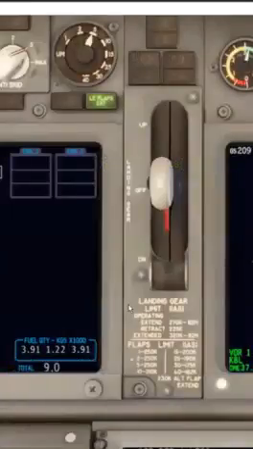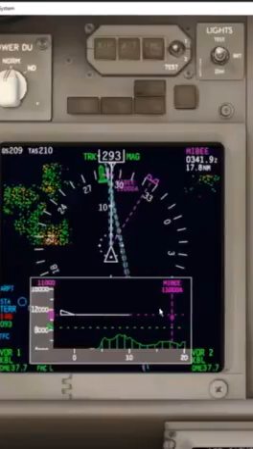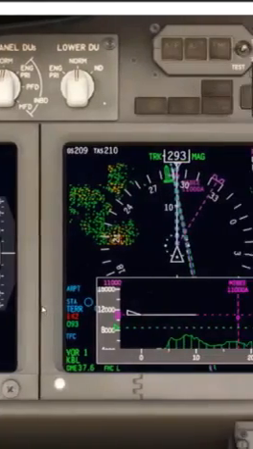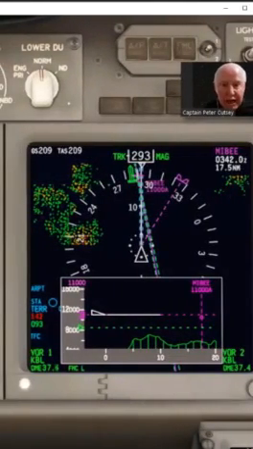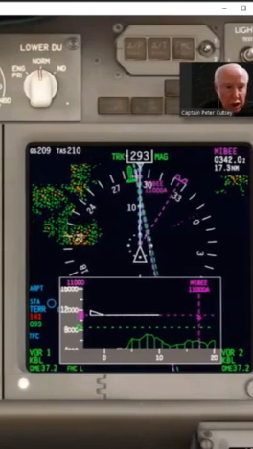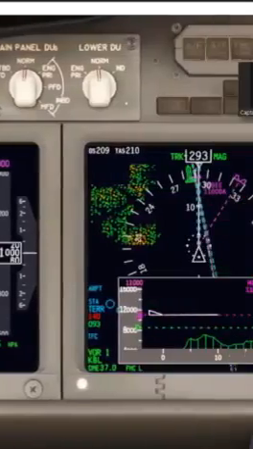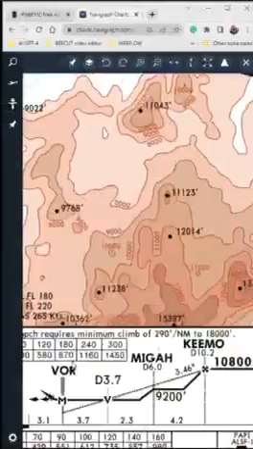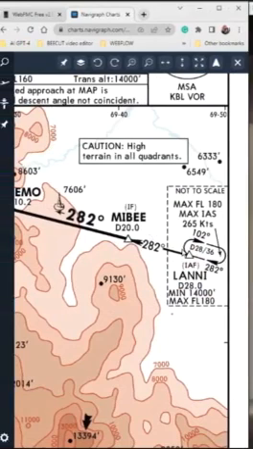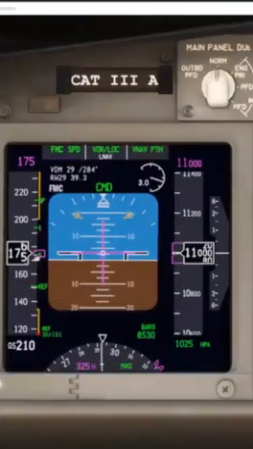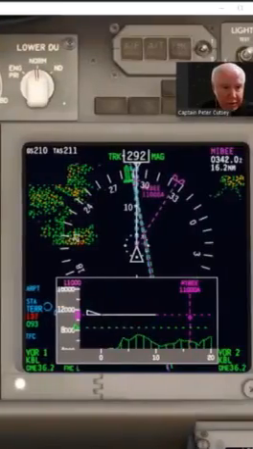Here, the distance is quite far from the field, and that's probably the reason why we didn't get an LNAV armed. So we'll watch it closely, and we're moving. We're at 17 miles from Maybe. We'll come on to the map here soon and have a look at it. So let's just watch what's happening here with respect to our intercept.